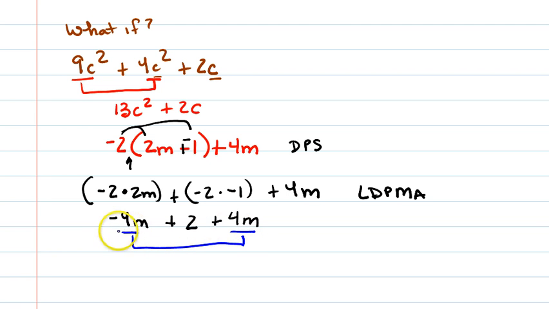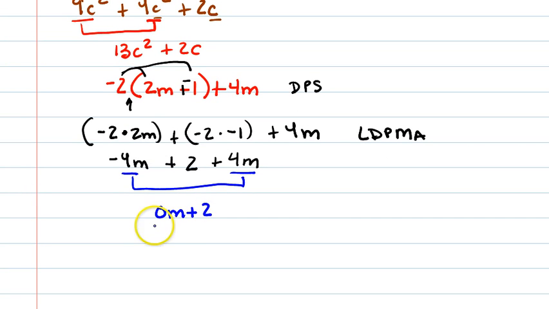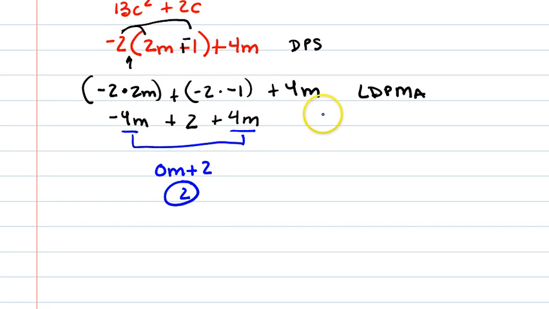My coefficients of my terms are opposites. This means that I now have 0 m's plus 2. Well, we know that 0 times any number gives you 0, so I'm left with 2. So that's this particular expression simplified. Notice I used the inverse principle of opposites, and I also used the principle for multiplying by 0.